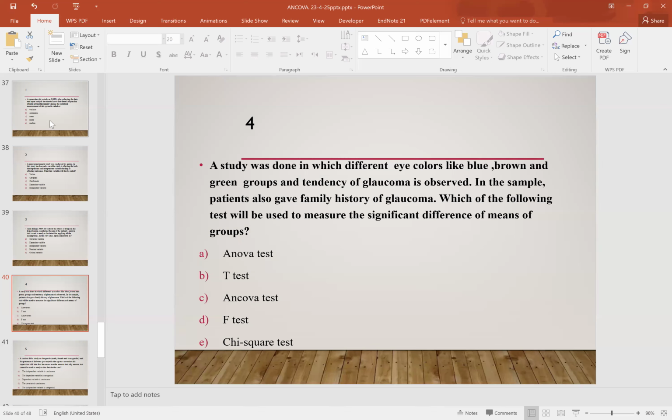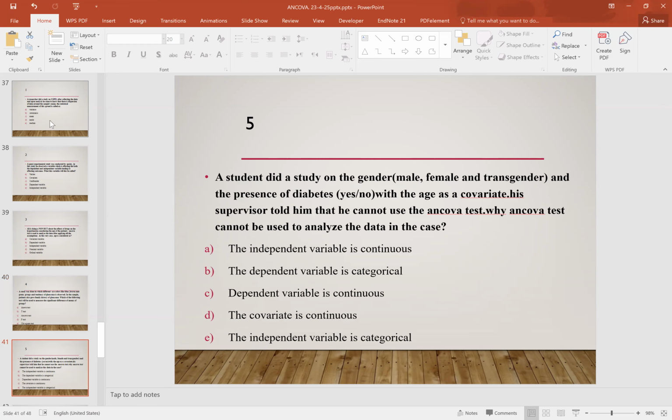Yes, it's C, ANCOVA. A student did a study on gender, male, female, and transgender, and the presence of diabetes, yes or no, with age as a covariate. His supervisor told him that he cannot use the ANCOVA test. Why can the ANCOVA test not be used to analyze the data in this case? The independent variable is continuous. The dependent variable is categorical.